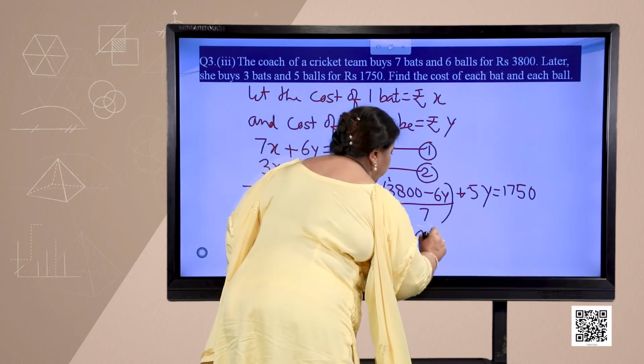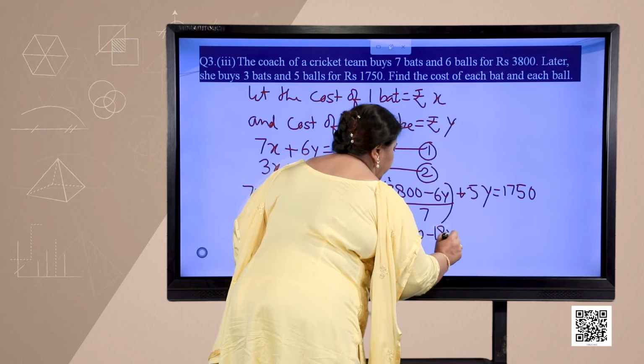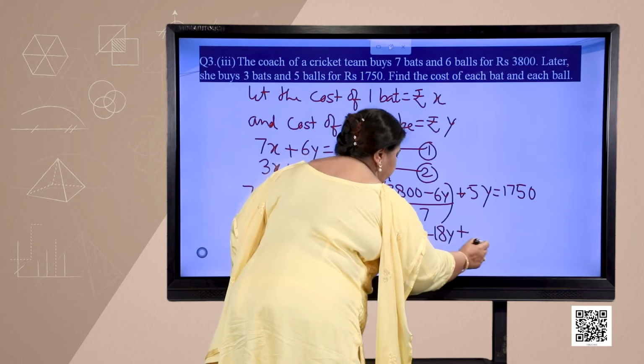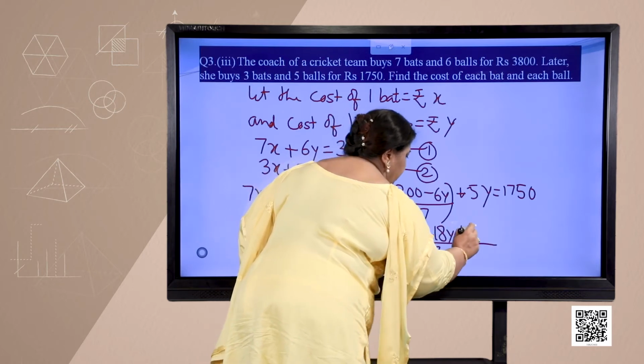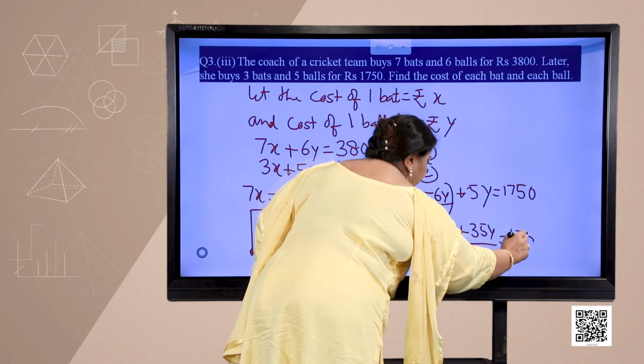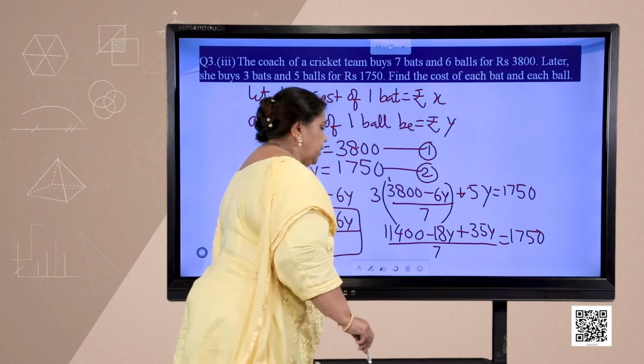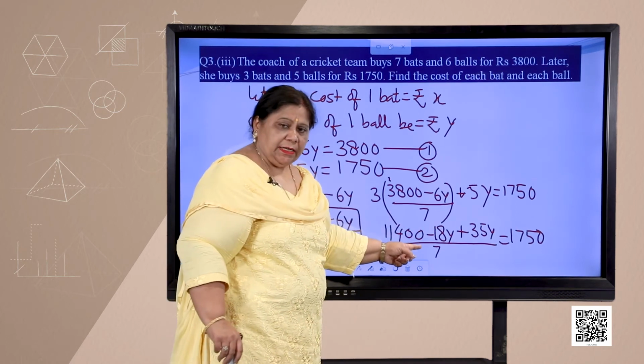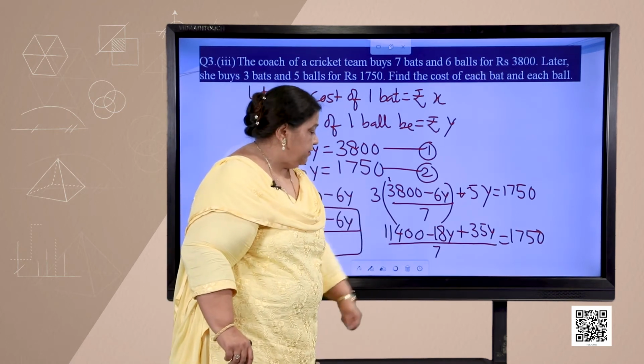Now, if I multiply by 3, what do I get? 11,400 minus 18y plus, if I take the LCM as 7, 7 5s are 35y is equal to 1,750. What is 35y minus 18y? It is 17y.